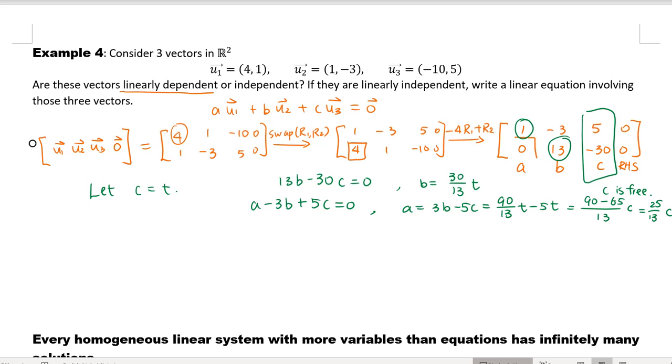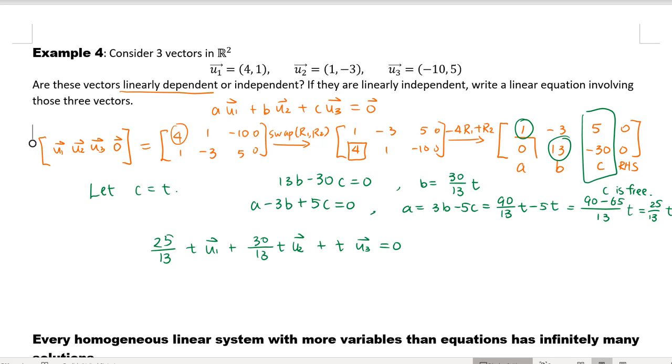Now, C is t, so we just replace C by t. Now we can plug in. We get 25 over 13 t U1 plus B, which is 30 over 13 t, U2, plus C, which is t, U3, equal to 0.